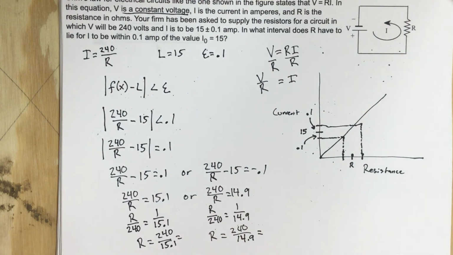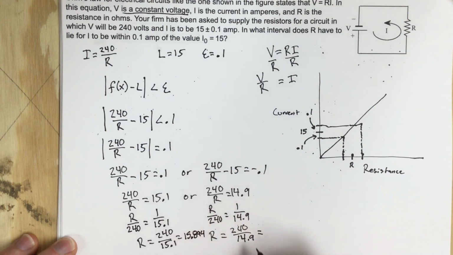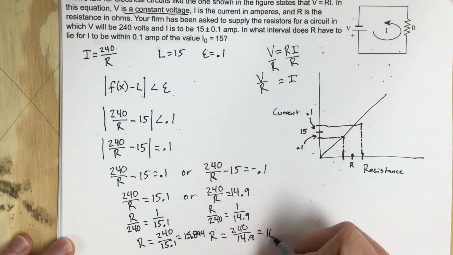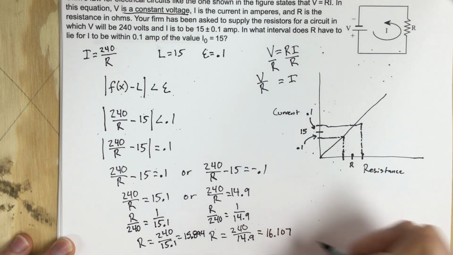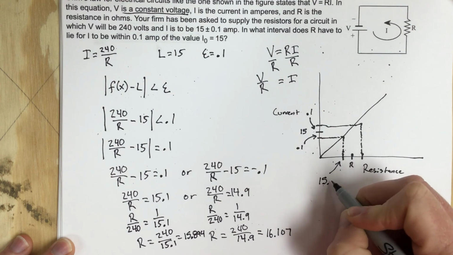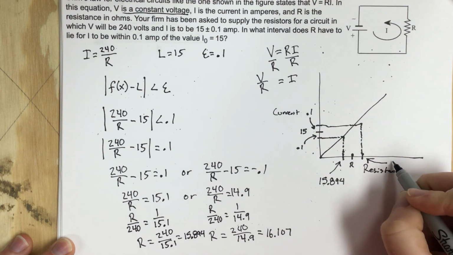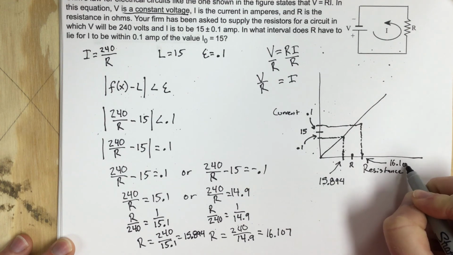Plug in 240 divided by 15.1, and we get 15.894. Do the same thing on this side, and we get 16.107. So this smallest resistance value is 15.894, and this resistance value is 16.107.